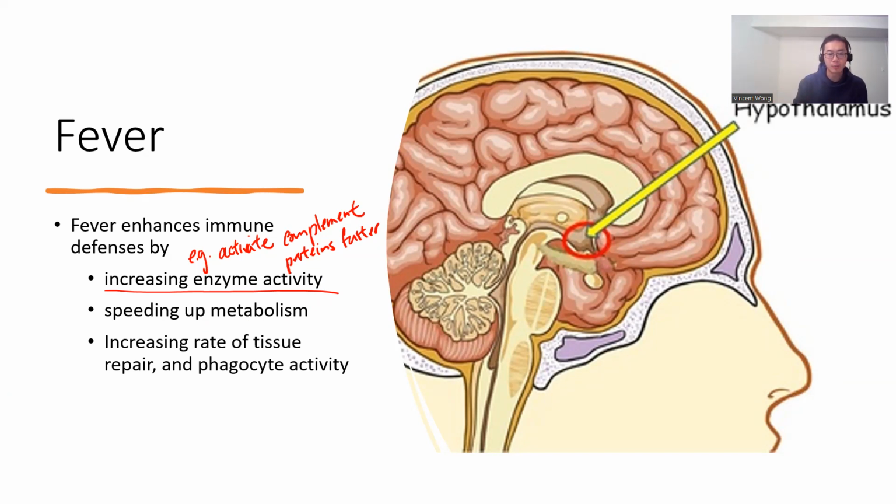Increase the rate of tissue repairing and phagocytic activity. It's like pressing the fast forward button when you watch a movie. Everything just goes a little bit faster with a fever. And also the higher temperature can also reduce pathogen activity.